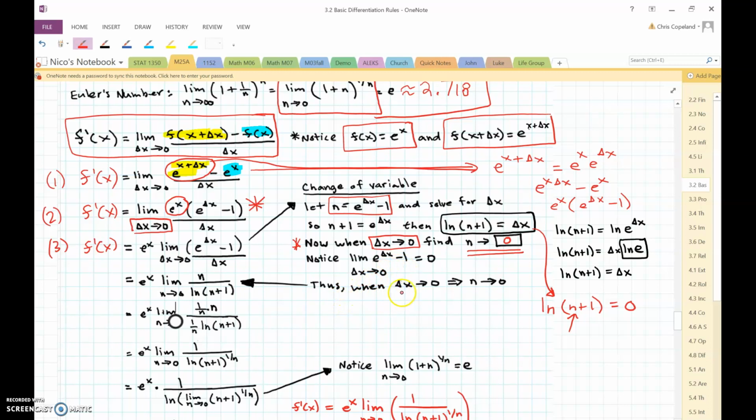So this is implied here: if delta x goes to 0, then n must go to 0.